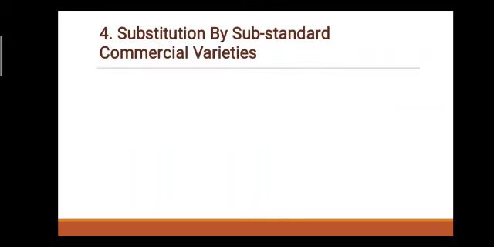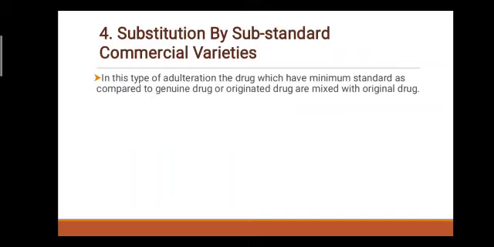Fourth, substitution by substandard commercial varieties. In this type of adulteration, the drug which is of minimum standard as compared to genuine drug or original drug is mixed with original drug.